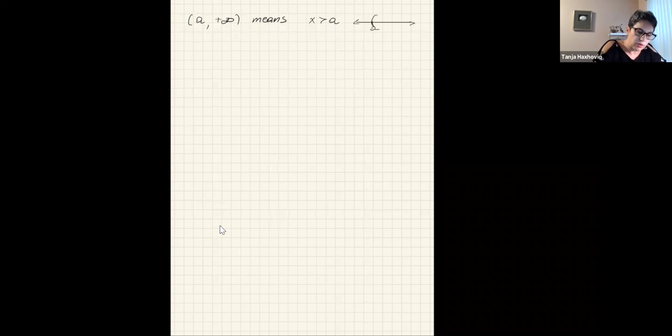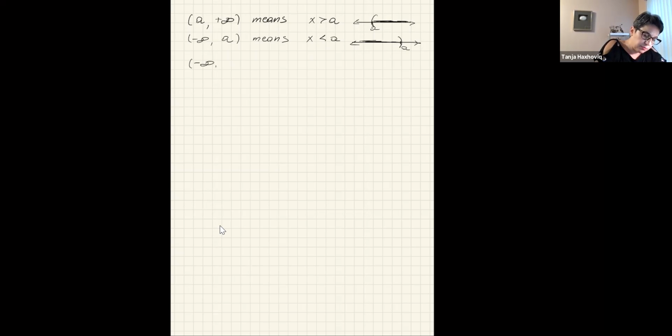So everything that's to the right of A, but A is not included. The open interval (minus infinity, A) means all x that are strictly less than A. Graphically speaking, it means all numbers that are to the left of A, but A is not included. And the open interval (minus infinity, plus infinity) means all real numbers.